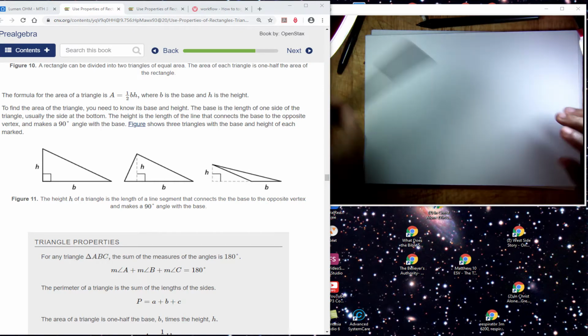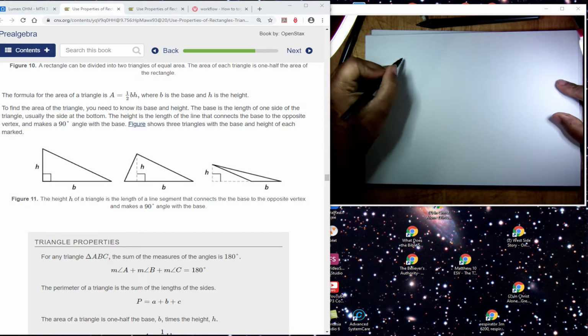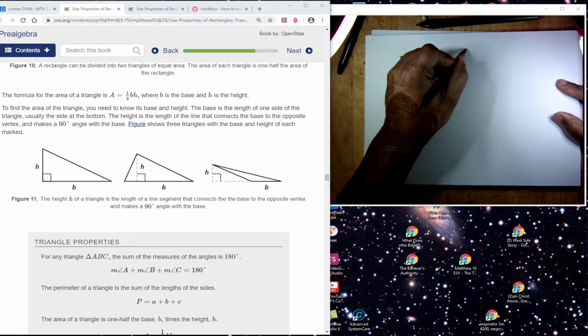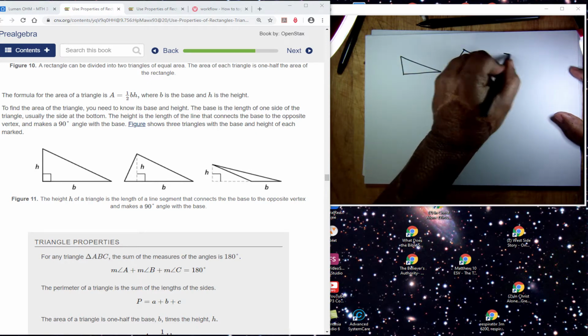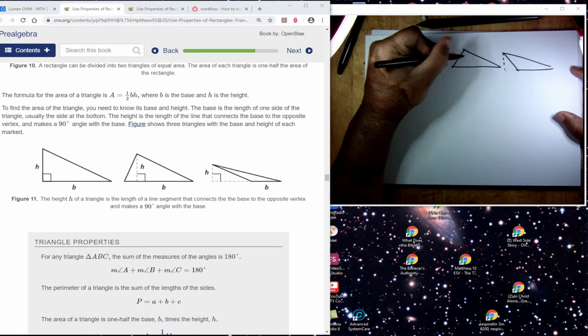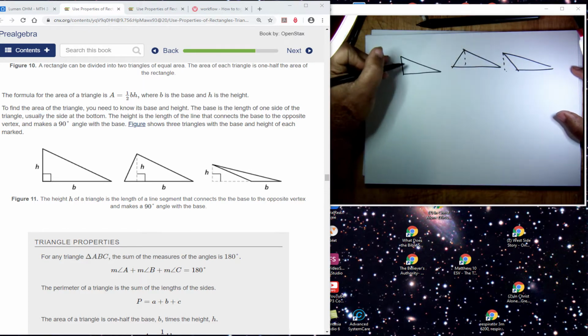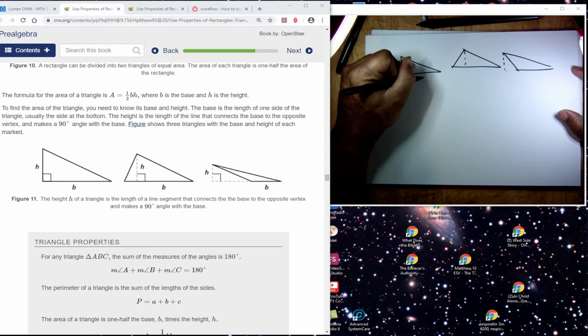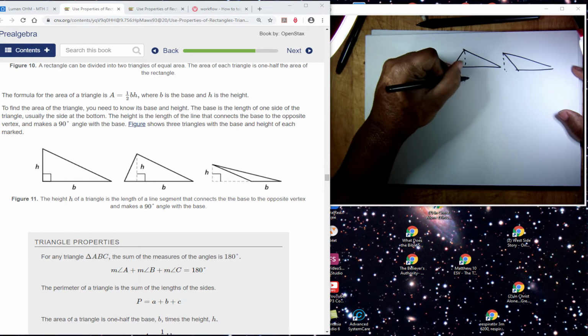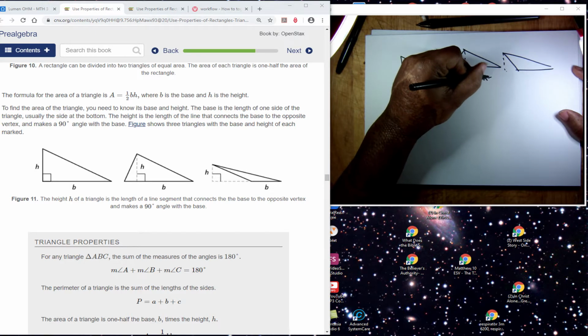So when they're looking at these triangles, as I said before, they're looking at vertical height when they calculate the area.